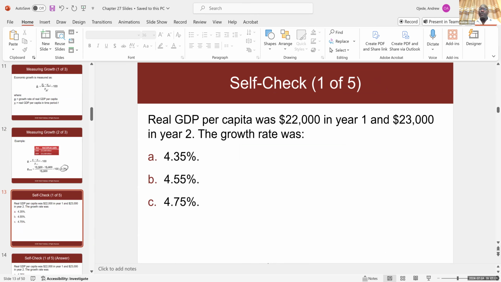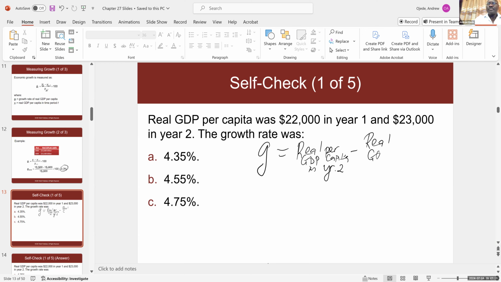So if real GDP per capita was $22,000 in year one and $23,000 in year two, then to calculate economic growth, you take real GDP per capita in year two minus real GDP per capita in year one, the previous year, and then you divide by real GDP per capita in year one.